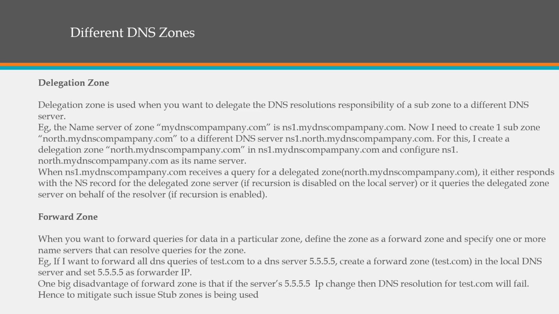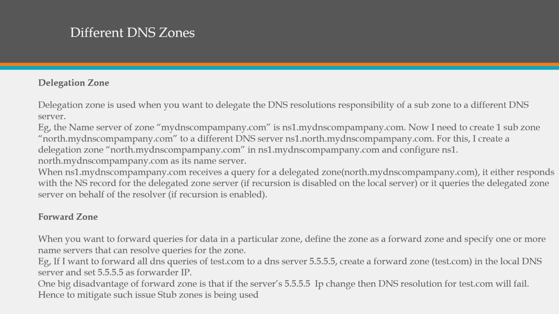This forward zone is very easy to configure, but one big disadvantage is that if this server goes down or if the server's IP changes, then the whole DNS resolution for test.com will fail, because that's what we are defining, and it's not changing dynamically. So somebody has to manually enter the new IP address.